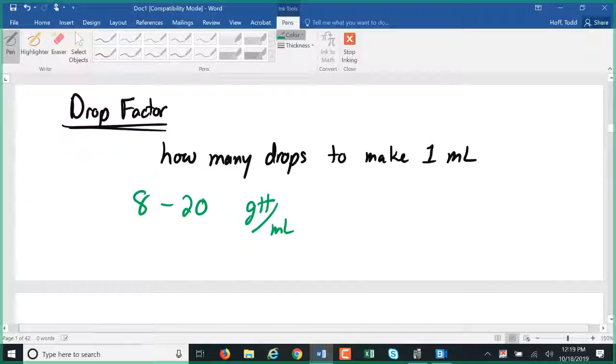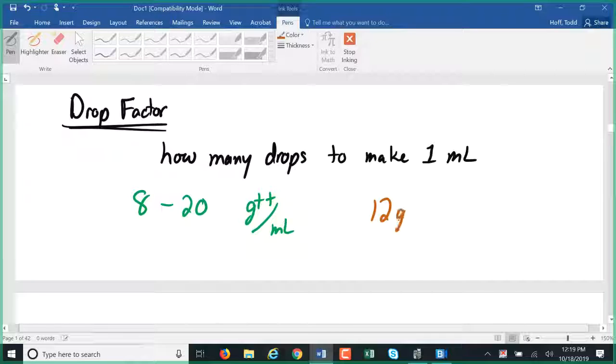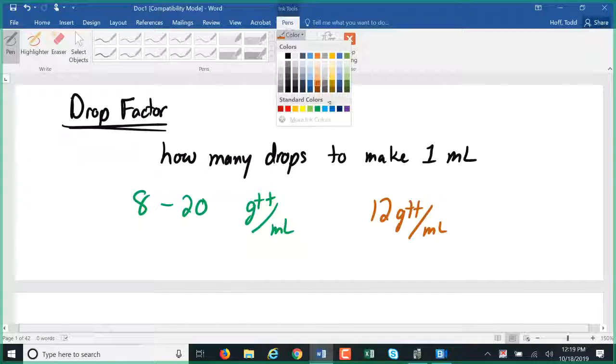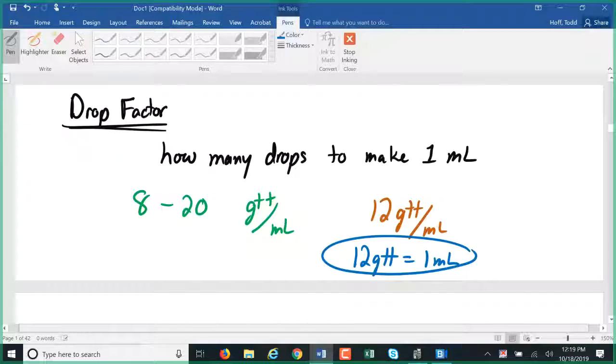Sorry, I should separate them. So if we have a drop factor of 12 drops per milliliter, that's an equivalency. That's telling us 12 drops is equivalent to 1 milliliter. And that's going to be what we use as our conversion.